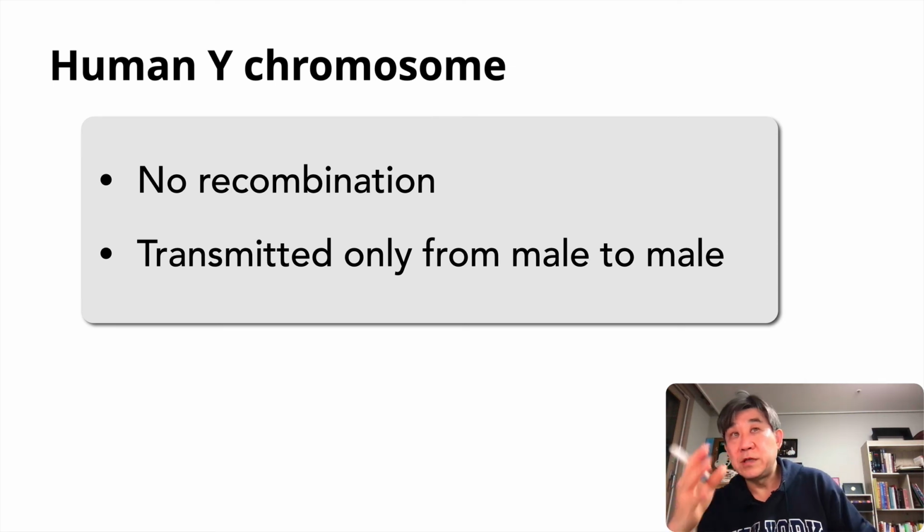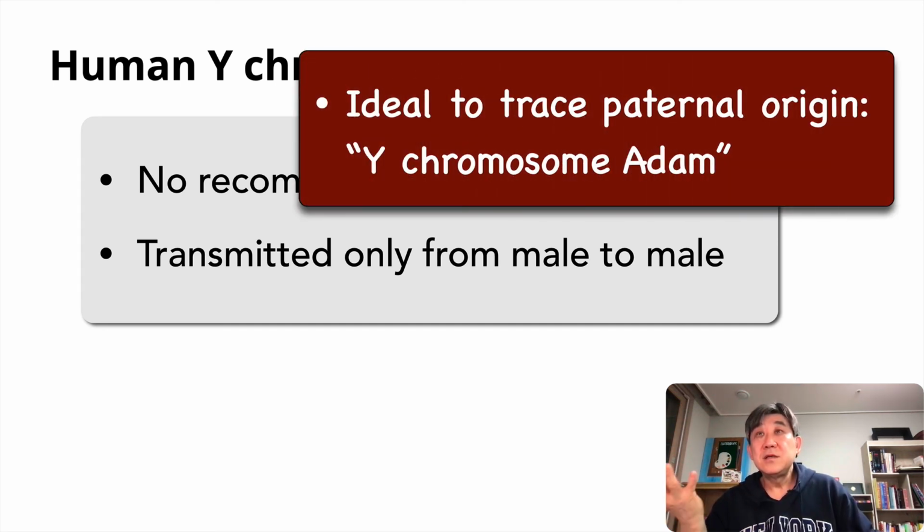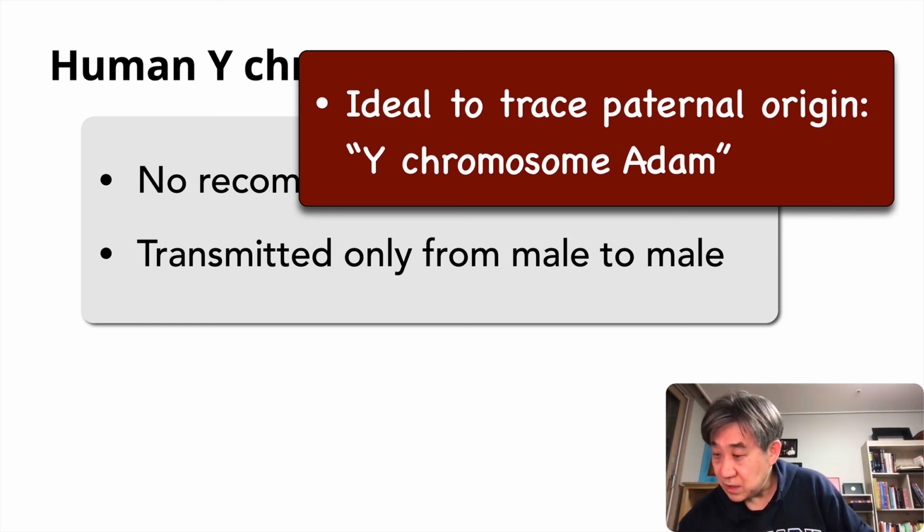Its transmission is also only from male to male, so it is convenient for tracing the paternal origin. A lot of times it is referred to as the Y chromosome Adam project.